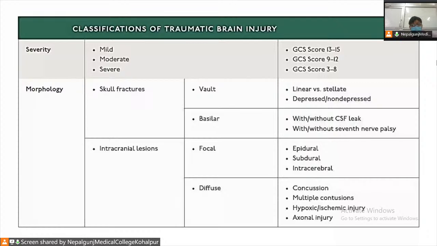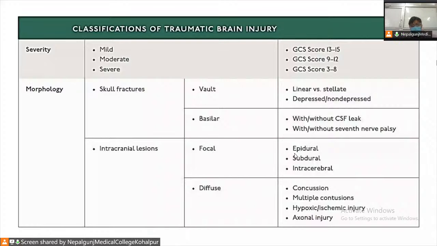In skull fracture, the vault and basilar regions may be involved, and the fracture may be linear or depressed. There may be CSF leak, because the brain floats on CSF in this region. At the same time, the nerve passing through the basal region is usually the 7th cranial nerve, so there may be injury with or without 7th nerve involvement. Intracranial lesions may be focal or diffuse.